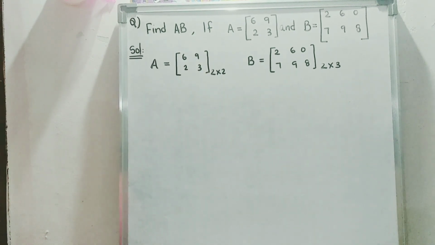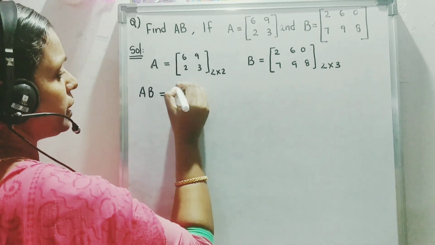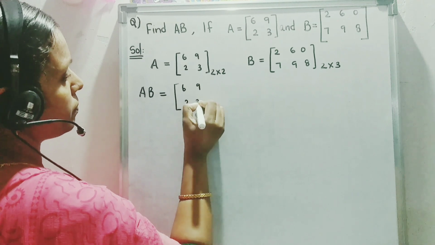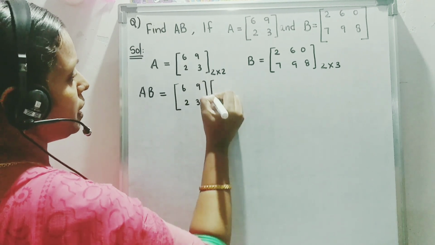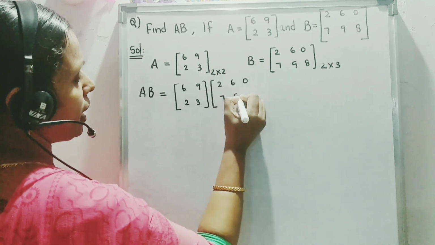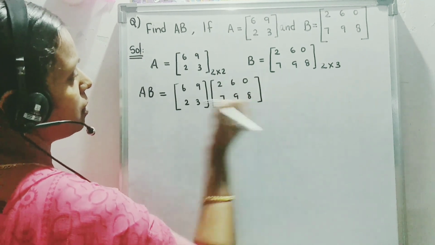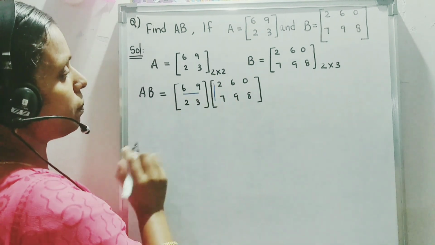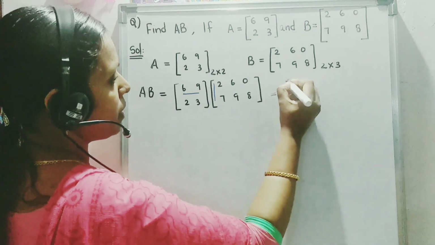AB equal to, here A is 6, 9, 2, 3. Then B is 2, 6, 0, 7, 9, 8. Then multiply. Now multiply first row with first column. We get matrix.